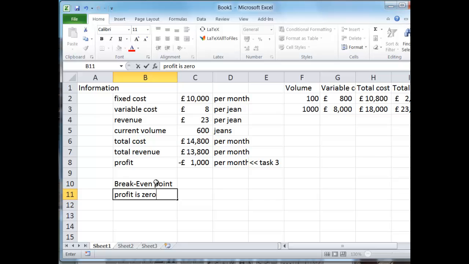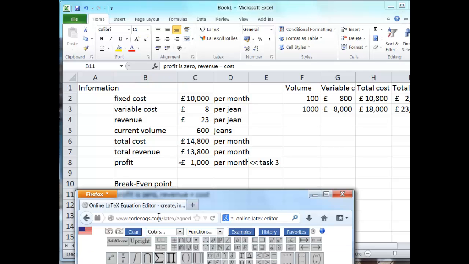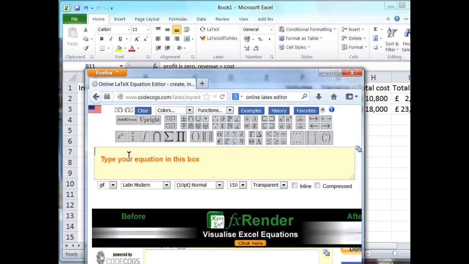That's the same as when the revenues are equal to the cost. Of course, we are talking here about total revenue and total cost. Okay, let's use that. So revenue, what is the revenue?